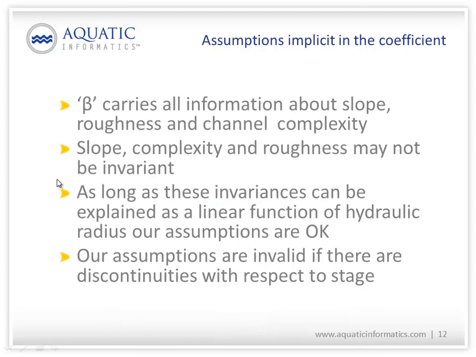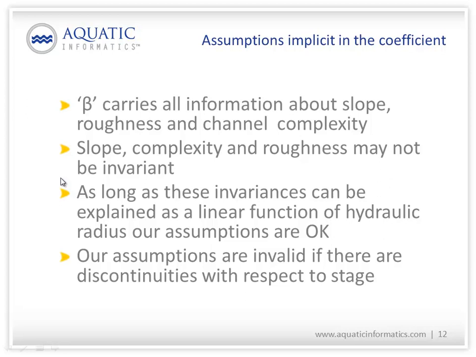Now we're able to use this mathematical exercise with logarithms to connect what we observe in the field, in terms of our field visit data, to what we're seeing in a chart in the Rating Development Toolbox. We know that beta, our coefficient, carries all the information about slope, roughness, and channel complexity.